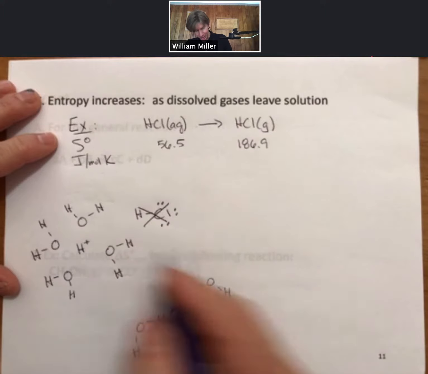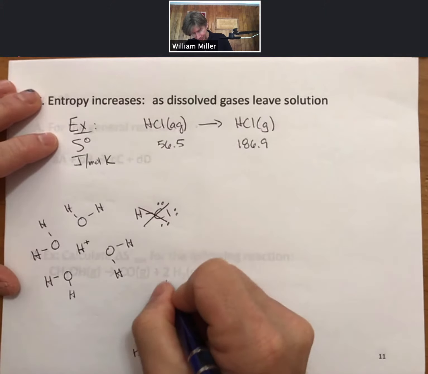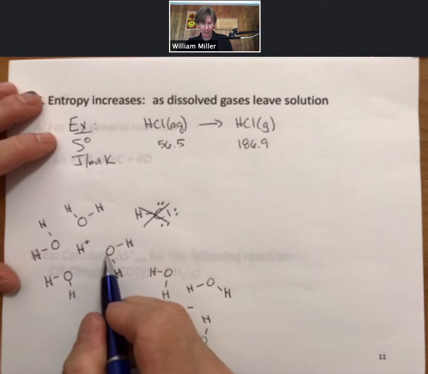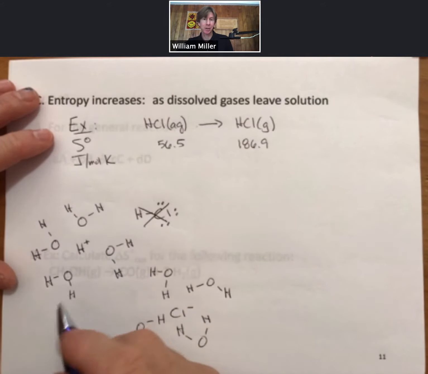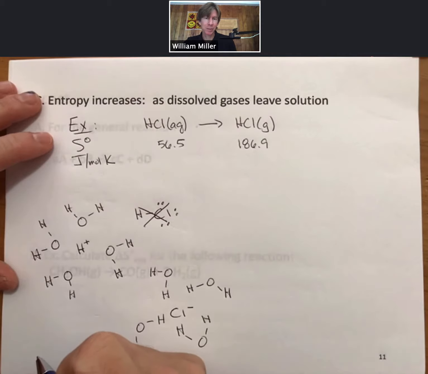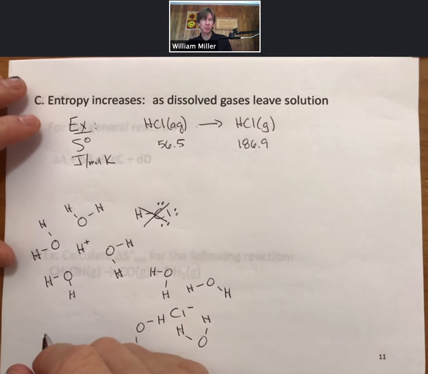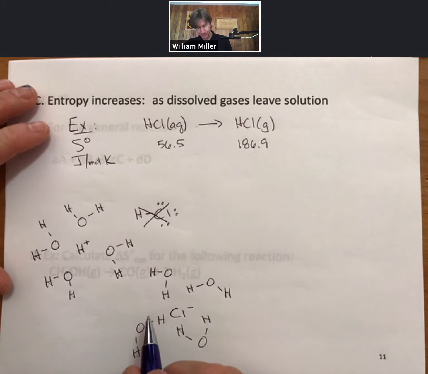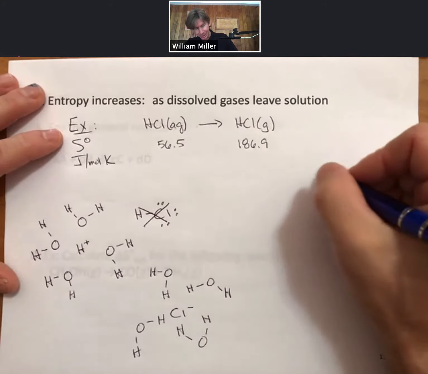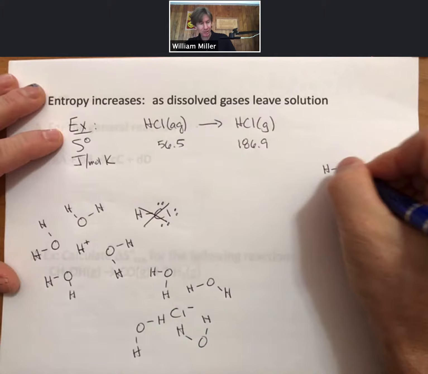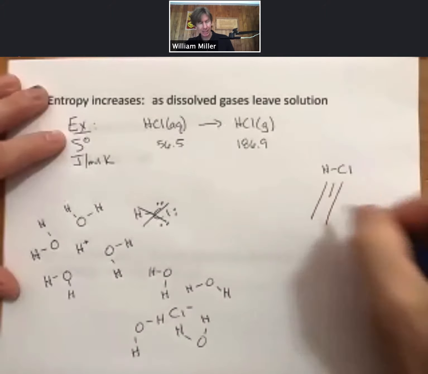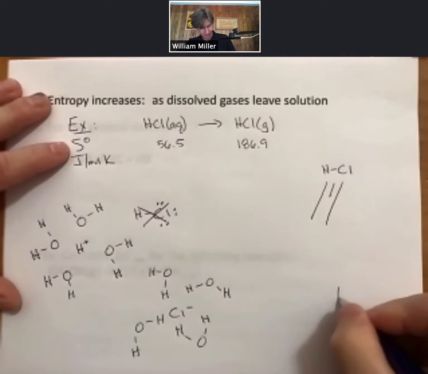The H plus would be closer to the oxygen portions. Again, this is a very schematic picture, and it will get more complicated if you continue your study of chemistry. And HCl, of course, in the gas phase does have a covalent bond, and it is moving.